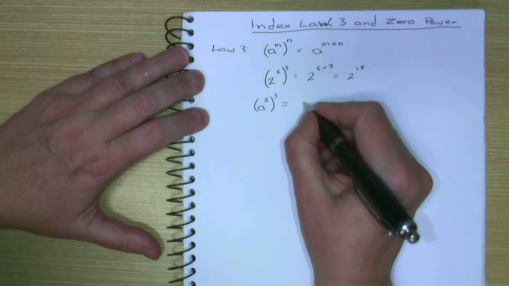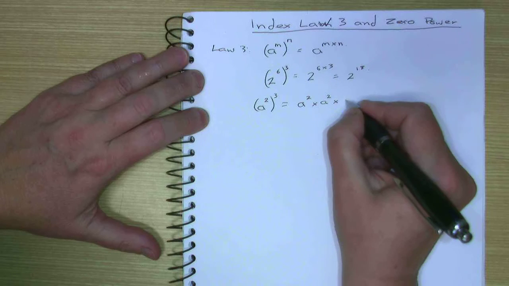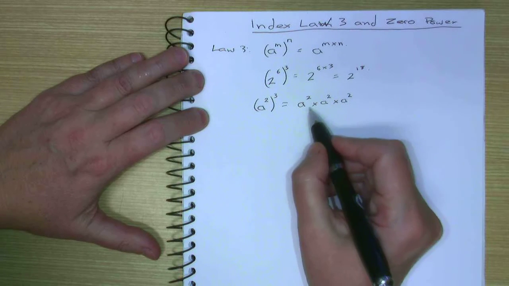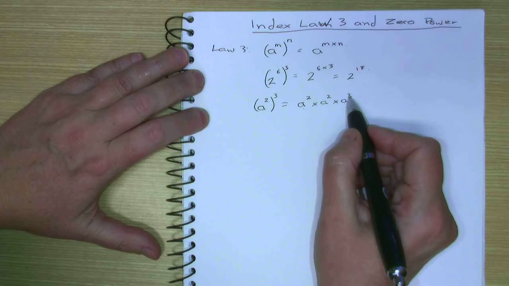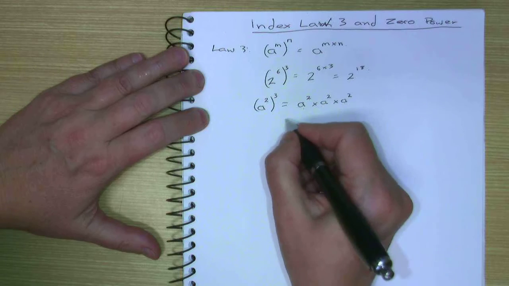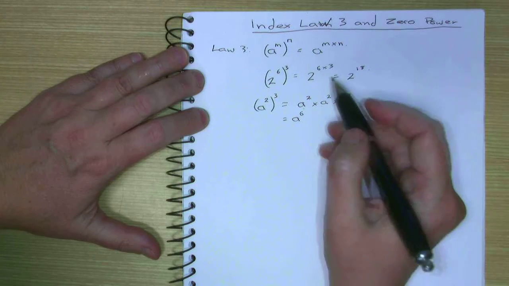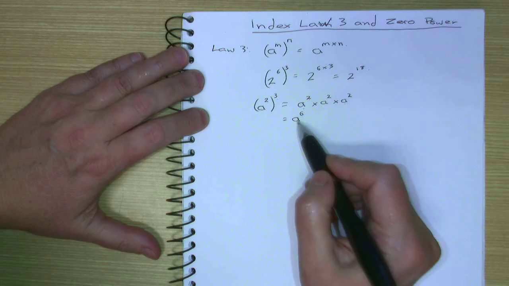So that is a squared times a squared times a squared. And we know from law 1 that when we're multiplying and the bases are the same, we can just add the powers. So that's a to the 6. So the law says a to the 2 times 3, which is 6.